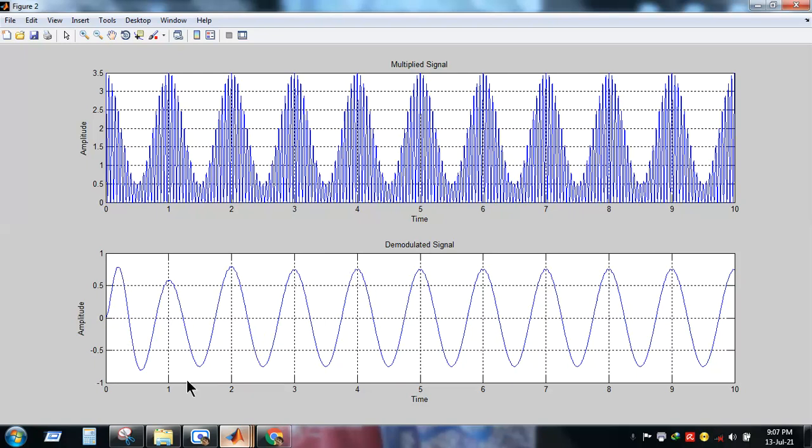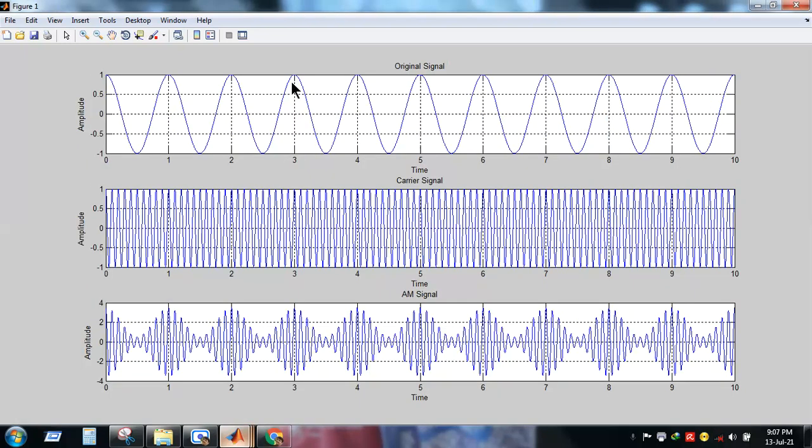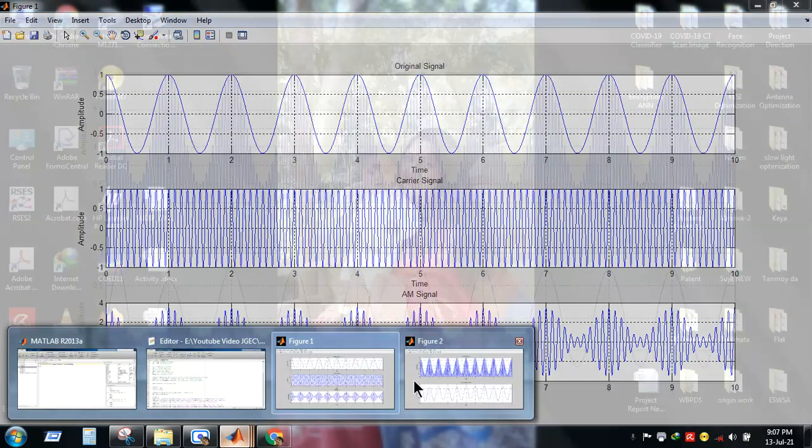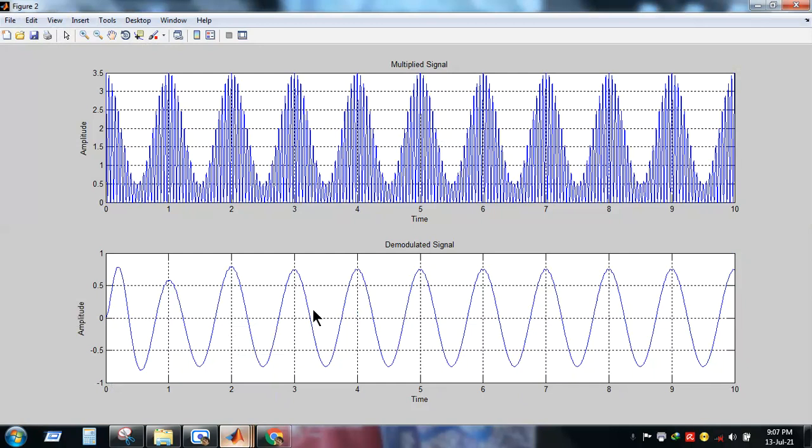You can see the frequency from here to here, that means 1 hertz, or 1 second in time. Here is the peak, and there is a second peak, so the time span is 1 second. So the frequency of the demodulated signal is also 1.